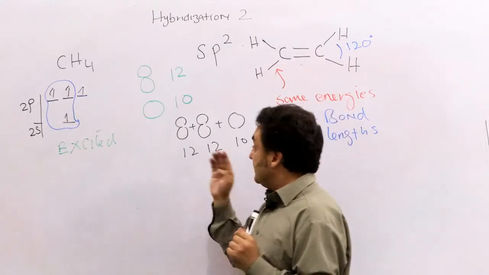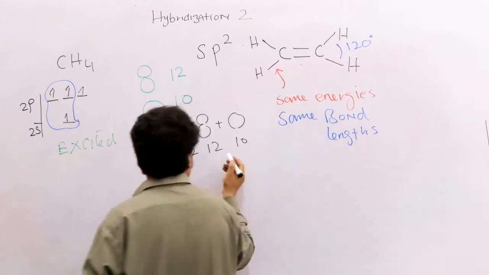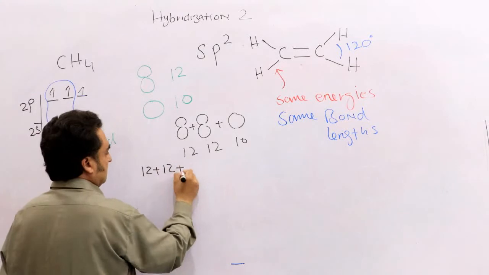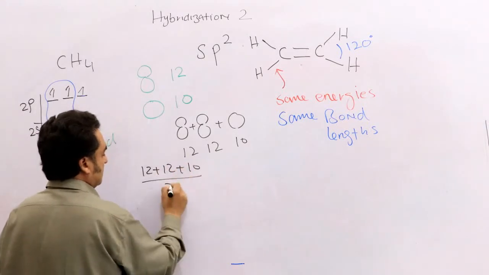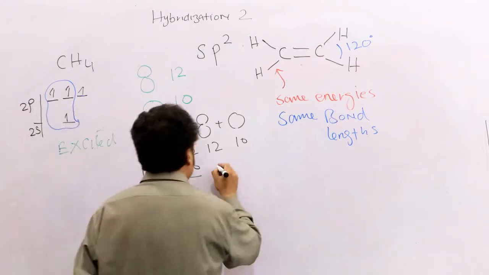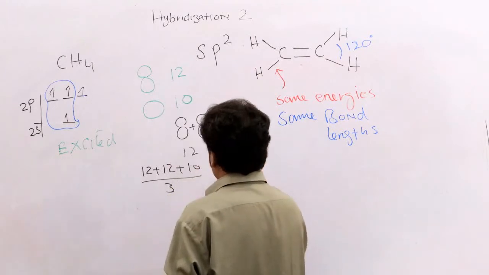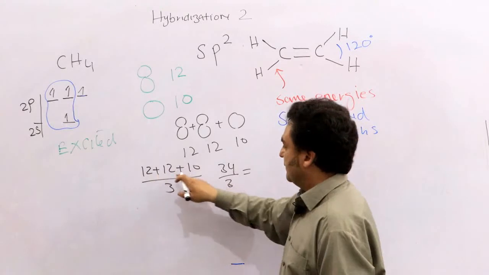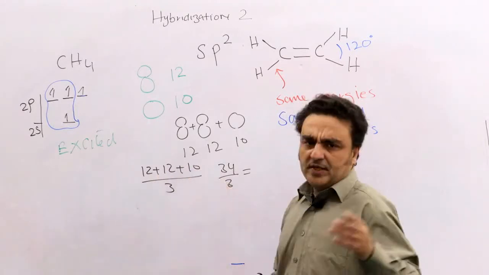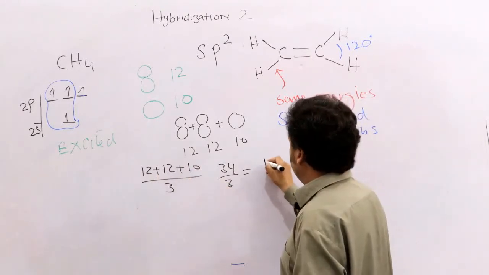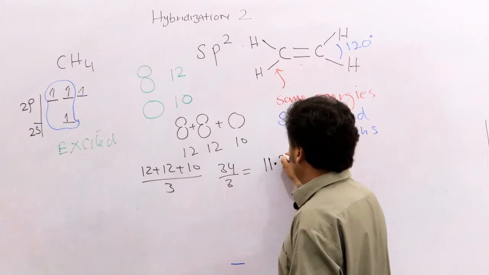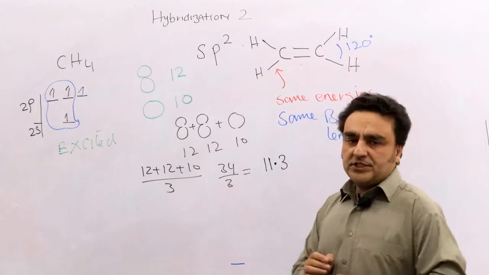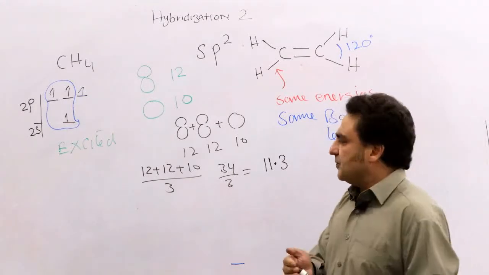So what will its energy be? 12 plus 12 plus 10 is 34, divided by 3, which comes out to be roughly 11.3.